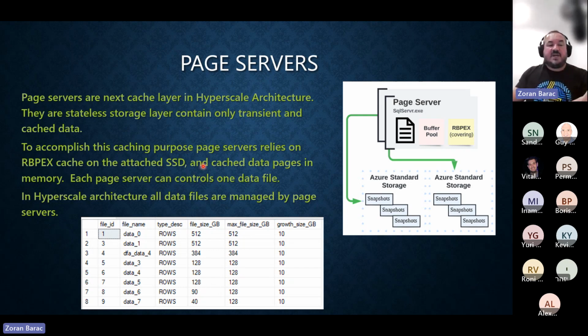Every page server controls a subset of data of whatever size. RBPEX, the resilient buffer pool extension, is the covering cache, and they have a buffer pool there as well. It's stateless, so if it's gone, your data is still on Azure Storage.